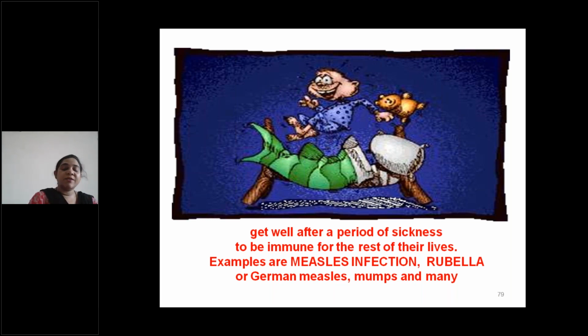So these are the different modes of viral infection: inhalation, fecal-oral, sexual transmission, or vectors. Okay. Some viral infections, once we get them, will usually give immunity to our body, for example, measles infection, rubella.